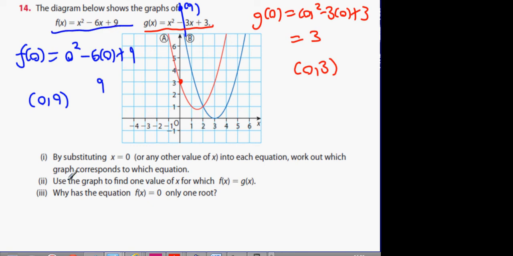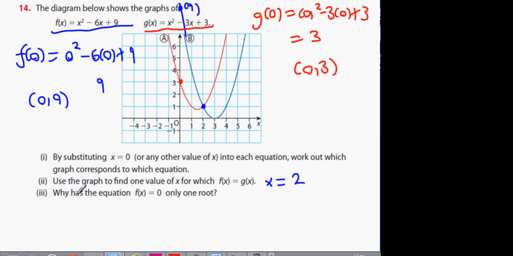Use the graph to find one value for which the y value of the blue curve equals the y value of the red curve. It's located here. What x value is that? x equals 2.